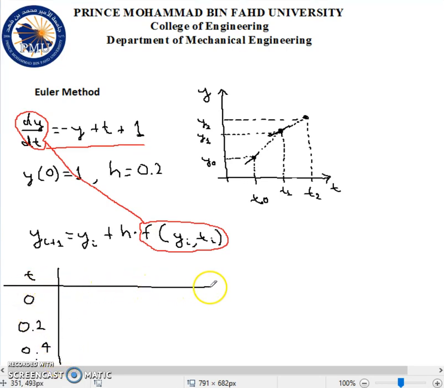We're going to need the slope f, and we will also need y.